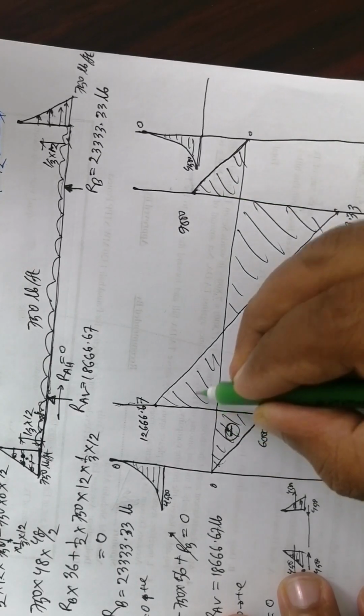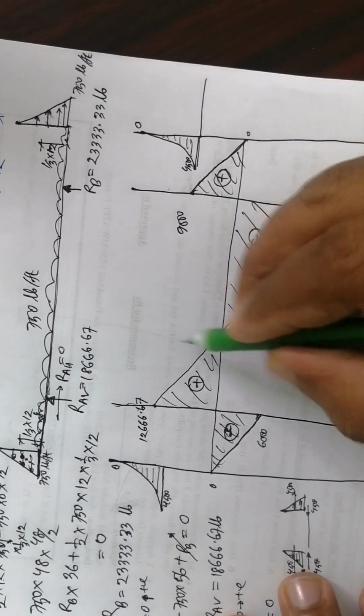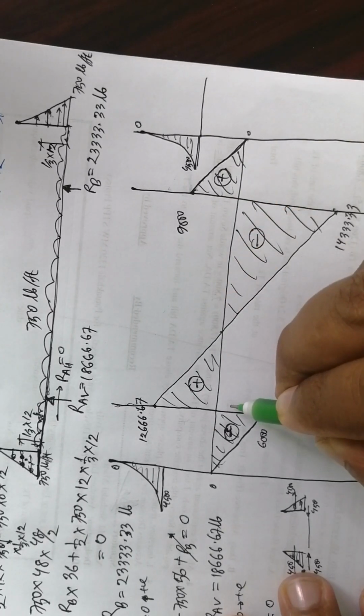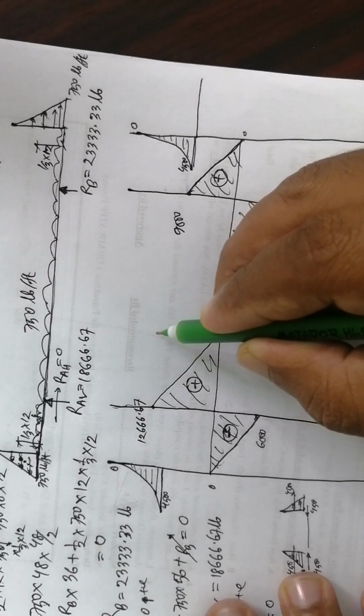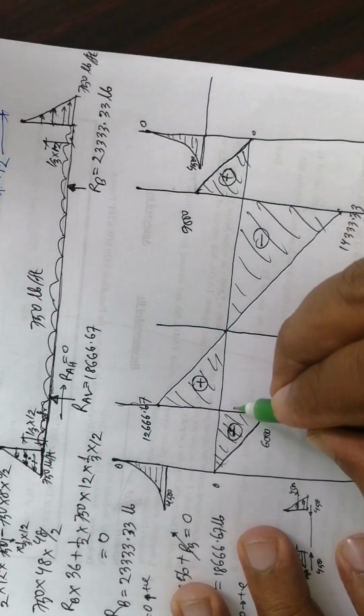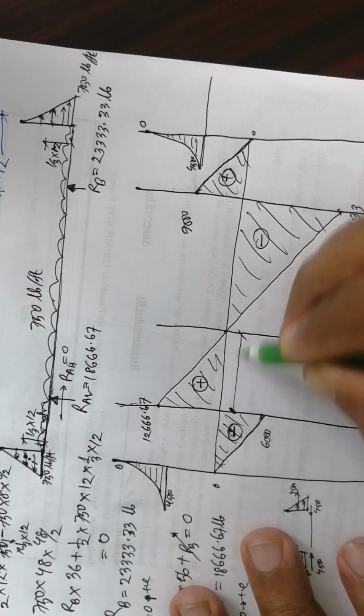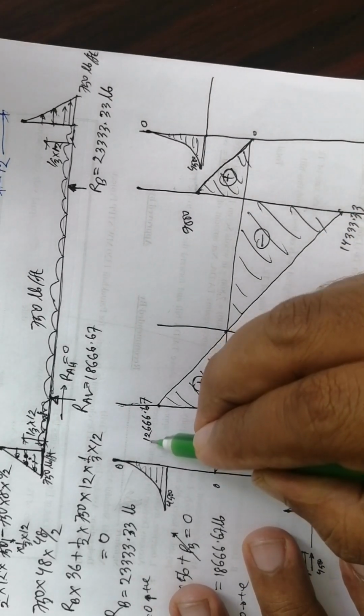This is negative, this is positive, this is negative, this is positive. So this point, distance, we can calculate the distance coming from this force.